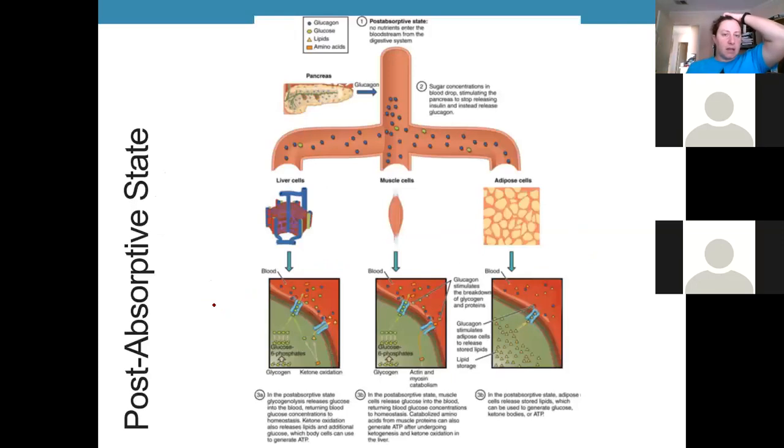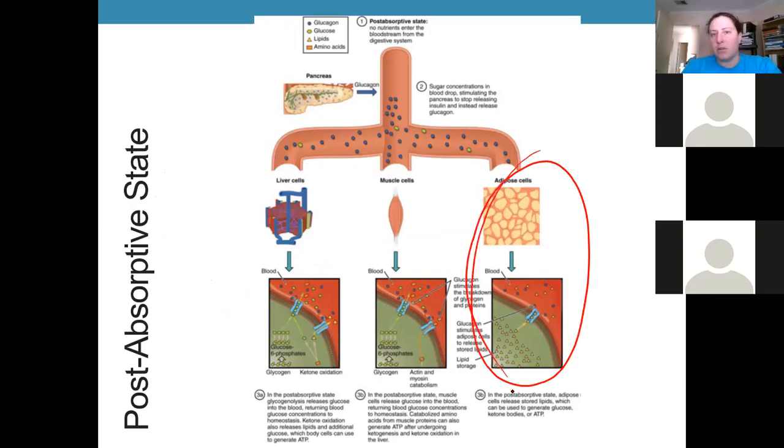And so this is our flow chart of that. It shows all the same tissues, but now instead of bringing glucose into these cells, we're releasing glucose as well as lipids. So adipose is releasing lipid in response to glucagon. Muscle can release glucose from its glycogen stores as well, apparently, and break that down. I always forget that part.